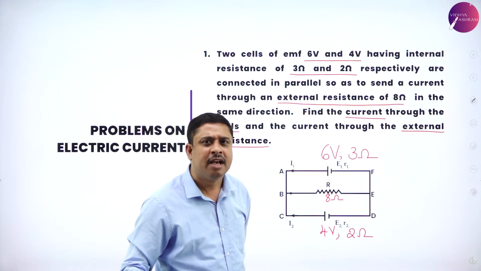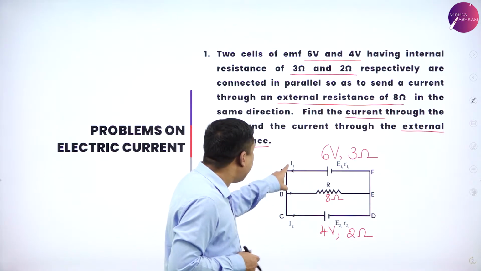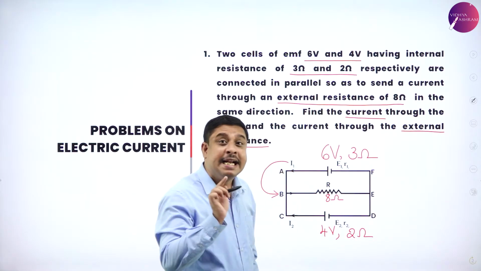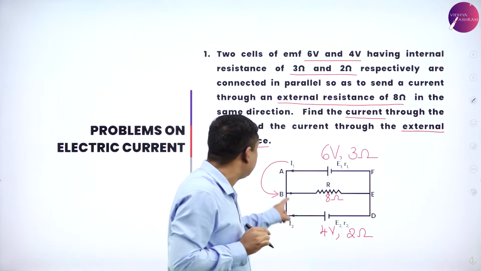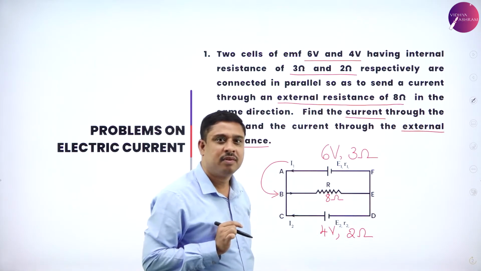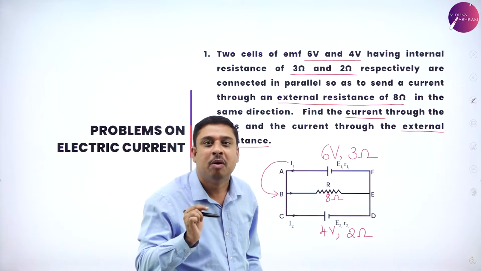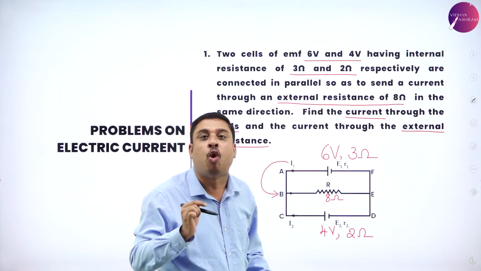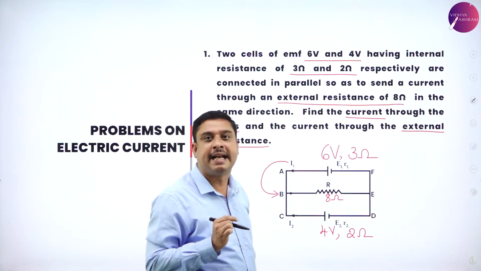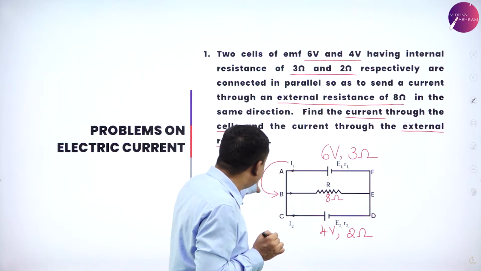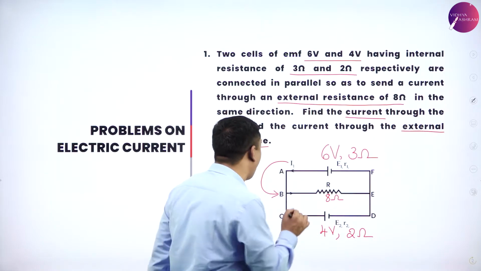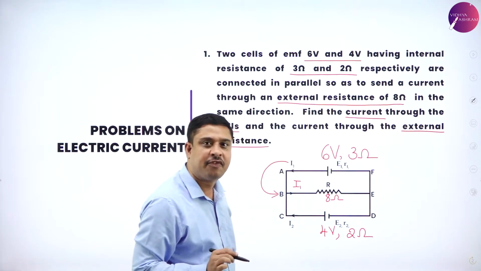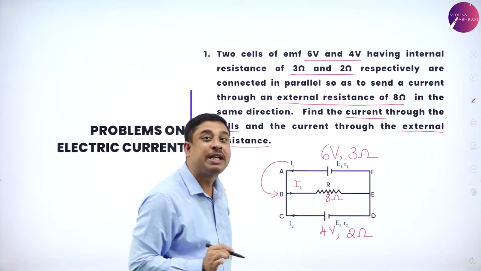Very clearly, by current law, I1 is positive because it is entering this node B. Node, point, junction, where 2 or more conductors are connected. So I1 is entering this node. So I1 is positive. What about I2?